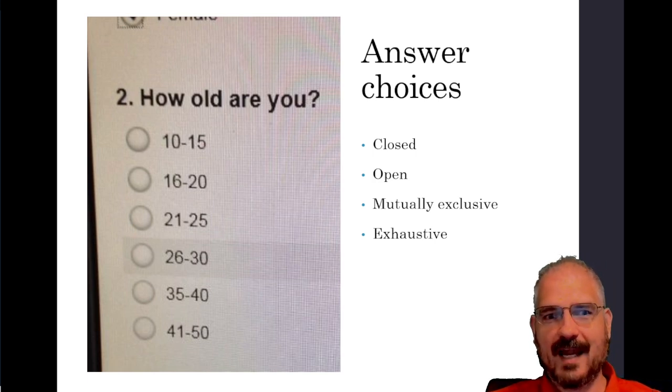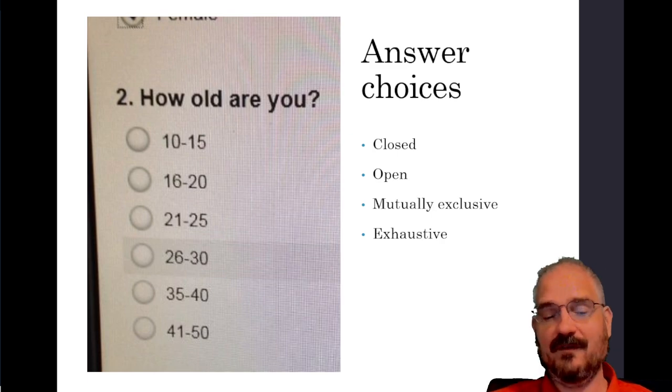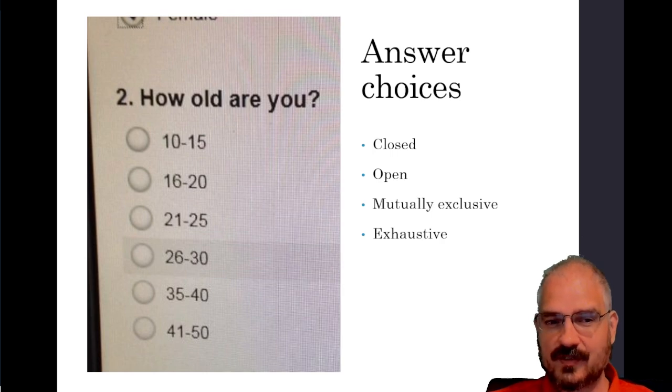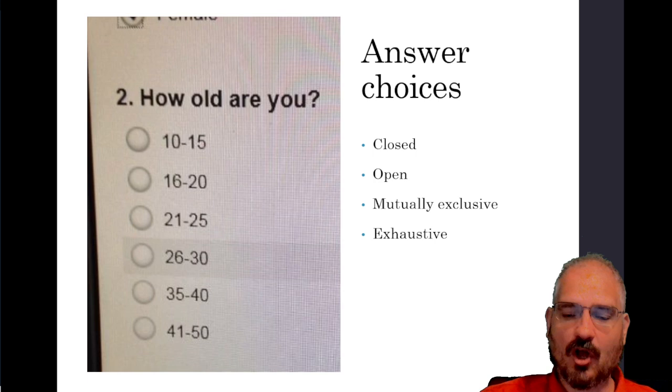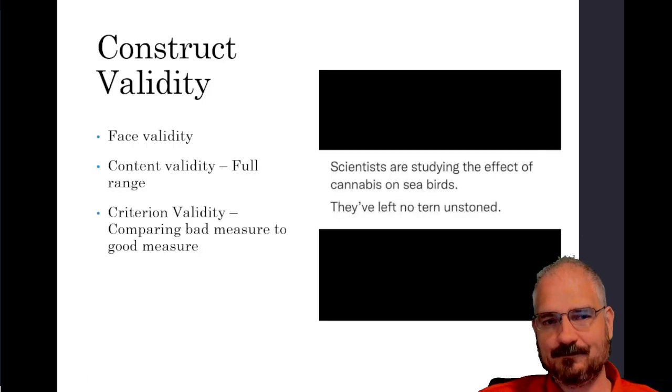So if you are ages 1 through 9, or 31 through 34, or 51 plus, you do not have a correct answer choice there. So it's a closed-ended question that has mutually exclusive answers, but it doesn't have exhaustive answers. There are people out there that are not going to have a correct answer choice to pick from.